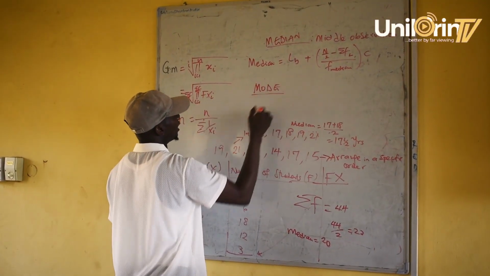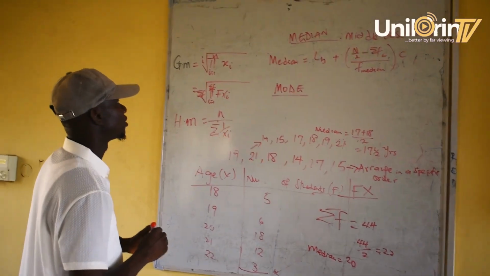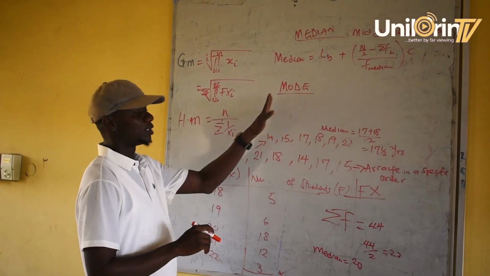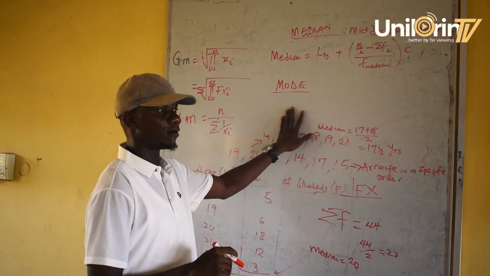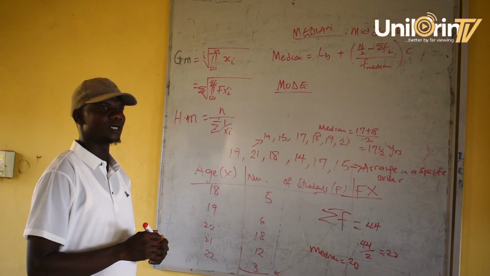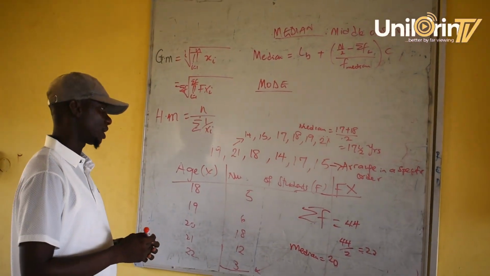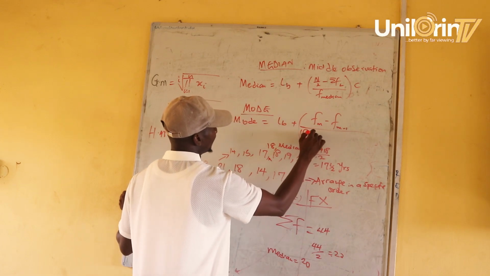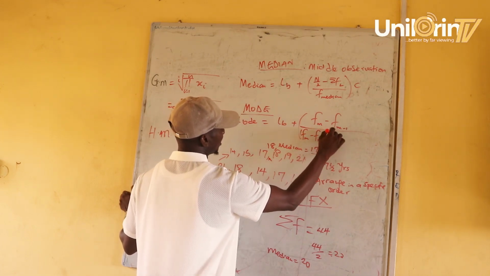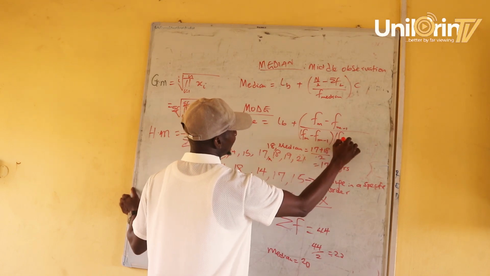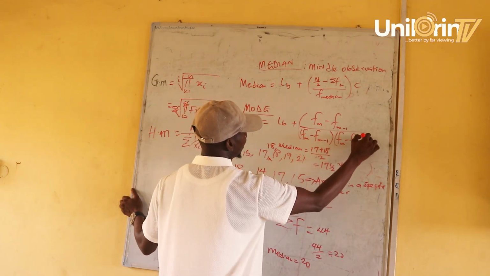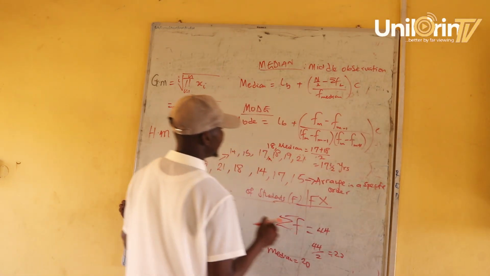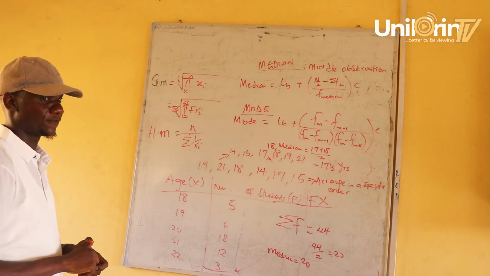But for a situation whereby it is classed, we say the mode is LB plus (Fm minus Fm minus 1) divided by ((Fm minus Fm minus 1) plus (Fm minus Fm plus 1)), multiplied by C. Remember, these m's are subscripts, and C is the class width.